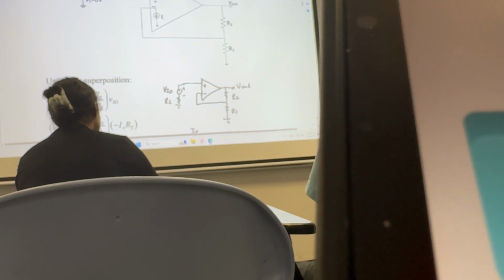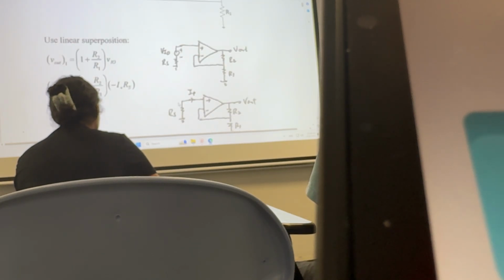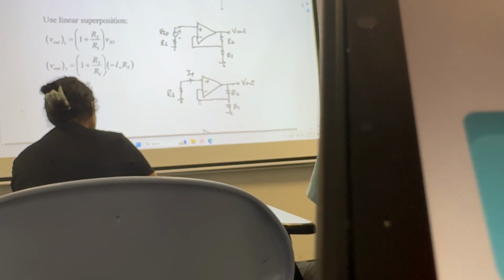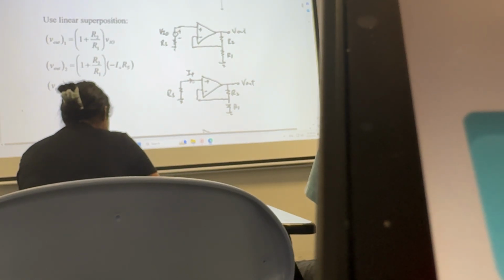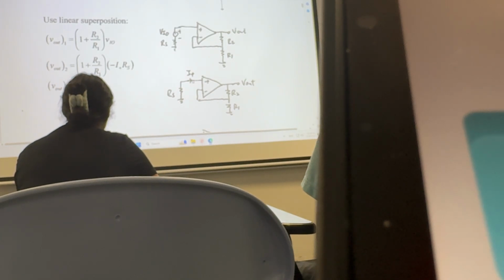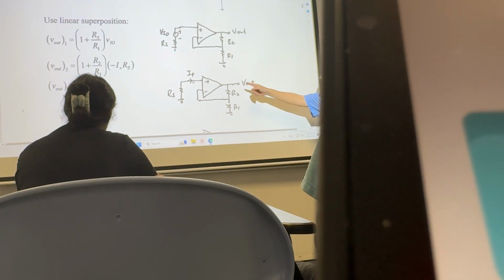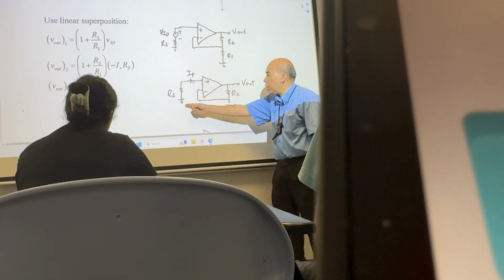So we draw the picture. Better to draw the picture, right? I positive, right? We consider the picture with I positive. We suppress Vio, we suppress I positive. And because the current is going into the op-amp, the currents are going upward, right?